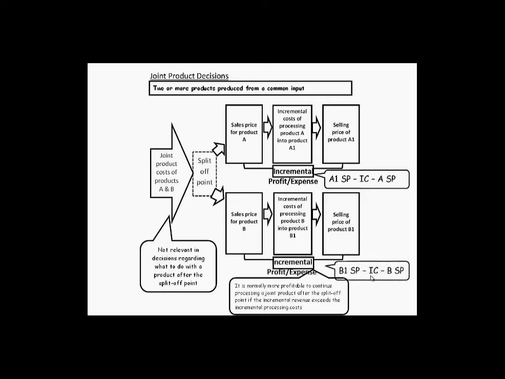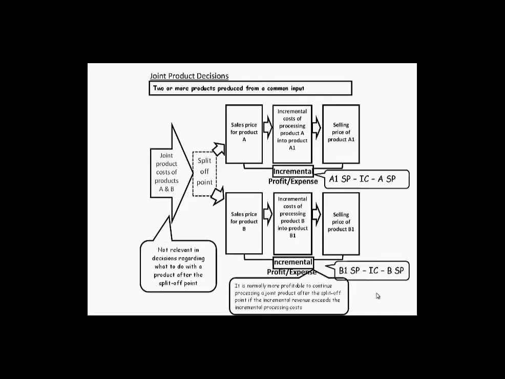Now what we do is we take the B1 selling price, minus the incremental cost of further processing product B into product B1, and then we subtract out the sales price of product B, and we come up with the incremental profit or loss from this particular example.